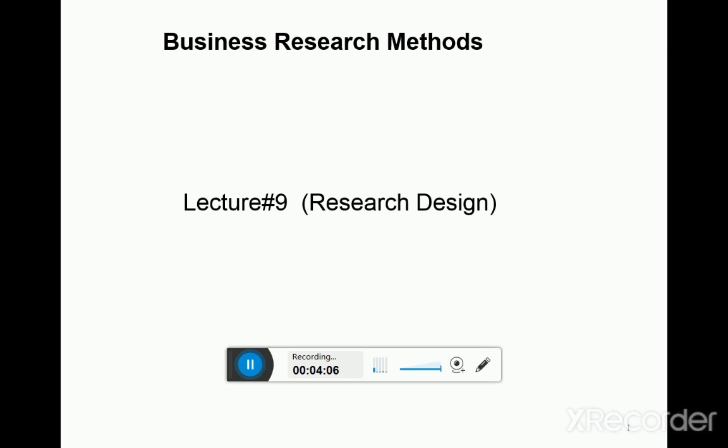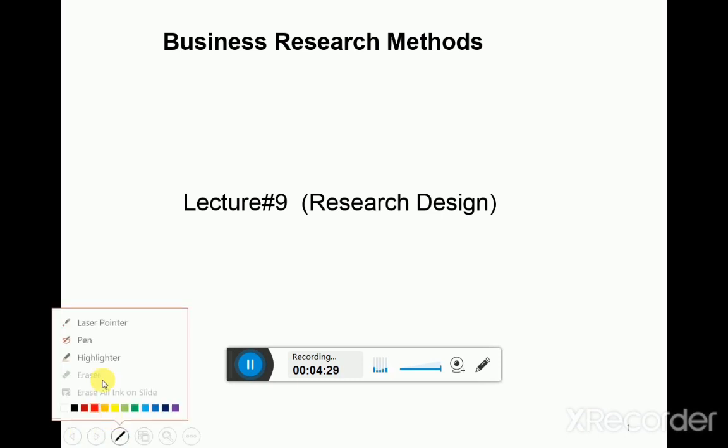research design. Now upon completion of all these 5 different stages in the research process, we are going to start our next stage, and that is research design. What is research design?